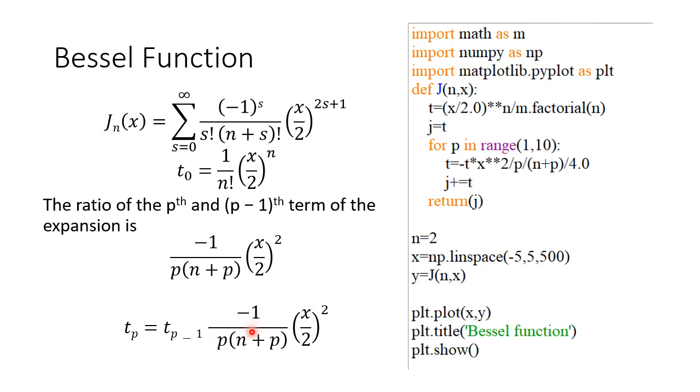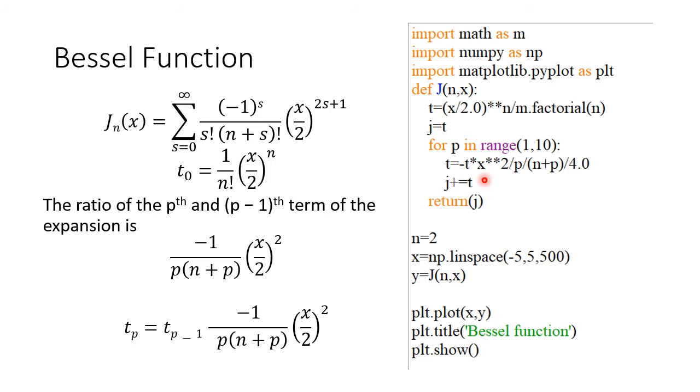So here we must run p from 1 to a particular value. So we consider only 10 terms. You may add more terms while you try, and you can see how it differs. Okay, right. So for p in range 1 to 10, we are going to repeatedly calculate this term using this iterative formula. Present term t is equal to previous term into this factor.